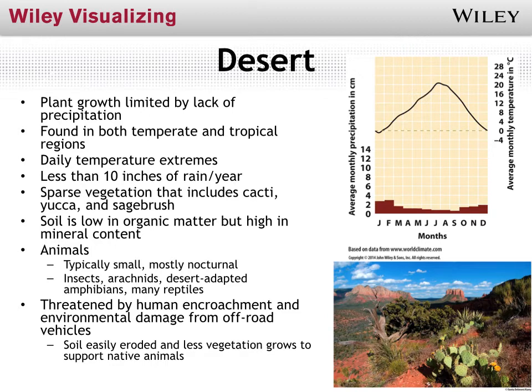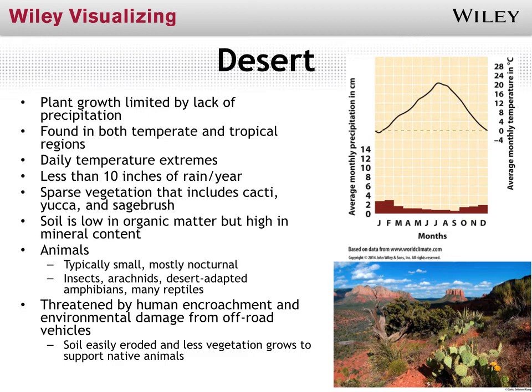The desert biome, again, is characterized across the world by very limited precipitation and by daily temperature extremes. It can be very, very hot during the daytime, 120, 130 degrees in places like Death Valley. But then it can also be below freezing in the evenings at certain times of the year.